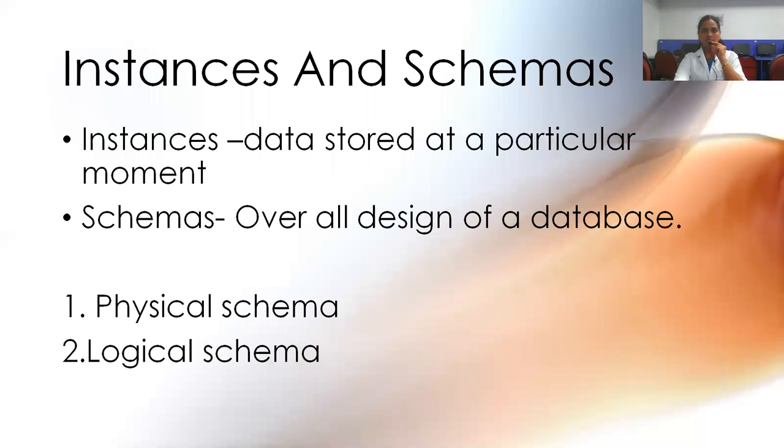And the next is instance and schema. An instance is the data stored at a particular moment. In a database, many users are using it, and everyone can store, delete, or update records at any time. In a minute itself, many users can use a particular database.